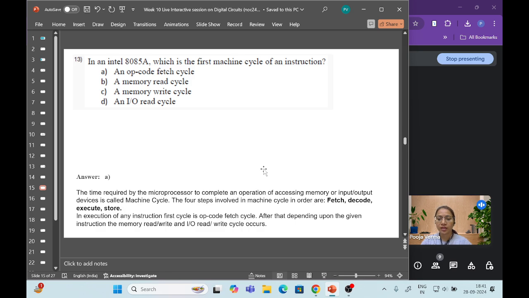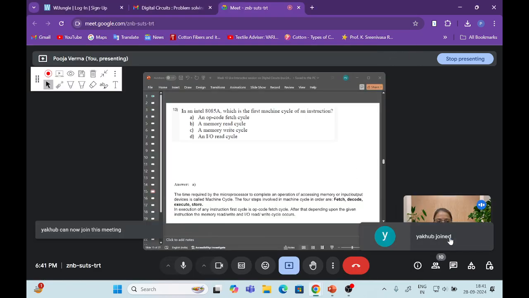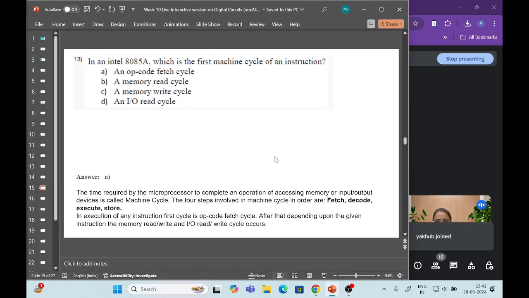In execution of any instruction, the first cycle is the opcode fetch, that is fetch. It is called the opcode fetch cycle. After that, depending on the given instruction, memory read or write operations, or IO read or write cycles will occur.